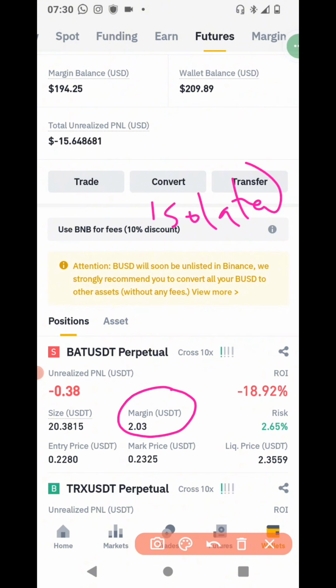All right. Now, when you look at the leverage, of course, I explained that earlier. 10x, 10 times margin gives you the size. That's why you see 1.92 times 10 gives you 19.2. So for this TRX trade, which is a buy, which professionals call long, our prediction is that if the price of TRX goes up, we make money.